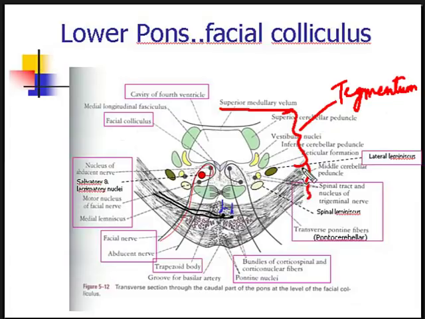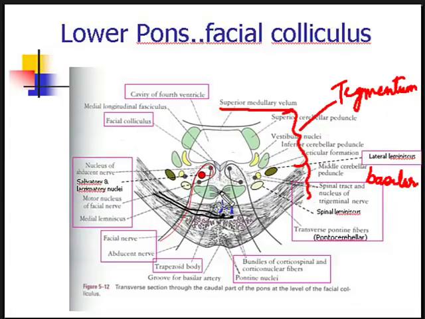When I say posterior aspect, it is not posterior to the fourth ventricle, but the posterior of these two parts. So this one is known as the tegmentum, and this anterior aspect is known as the basilar part. And this division is based on fibers which cross this way, and these are known as the transverse fibers of the trapezoid body up here. And again, I'll explain that when we do the auditory pathway.